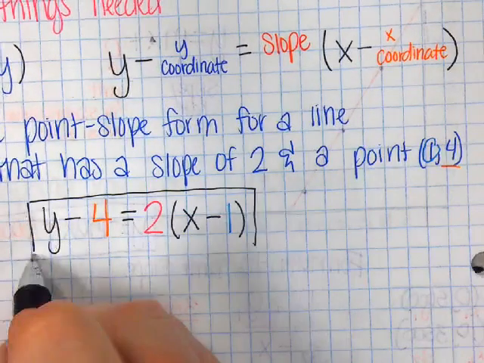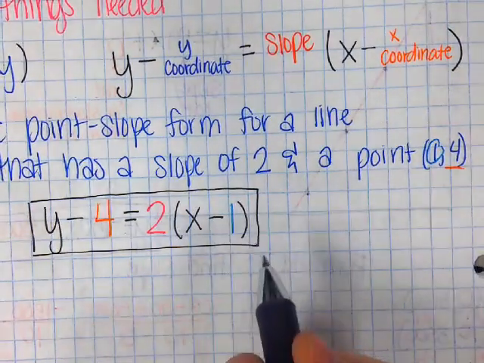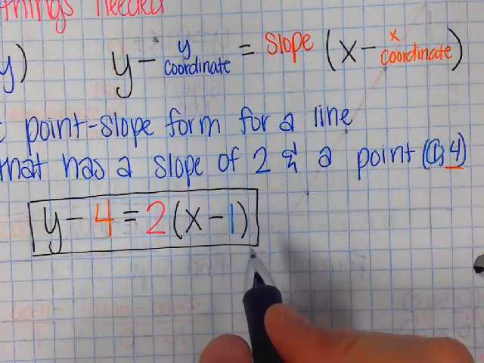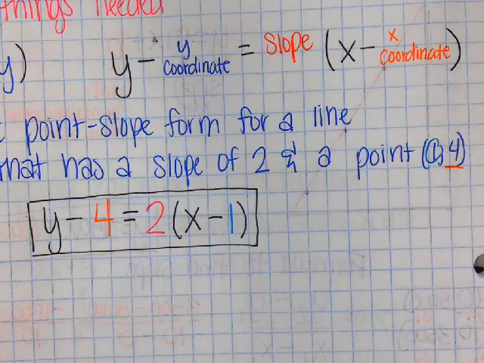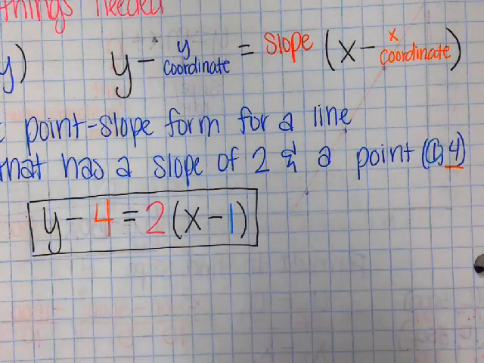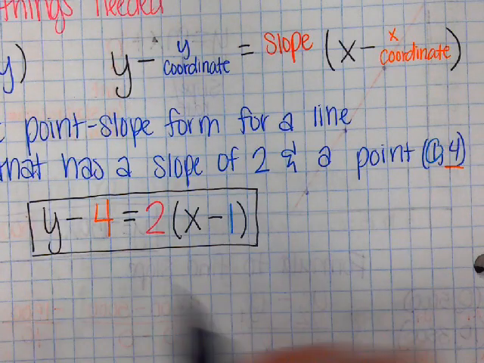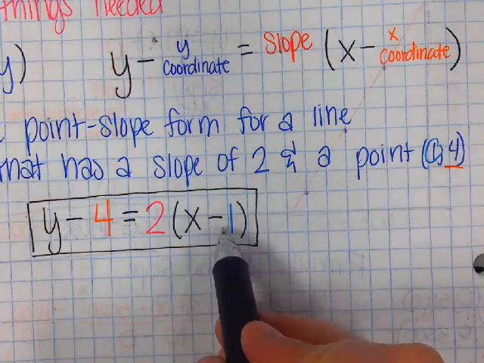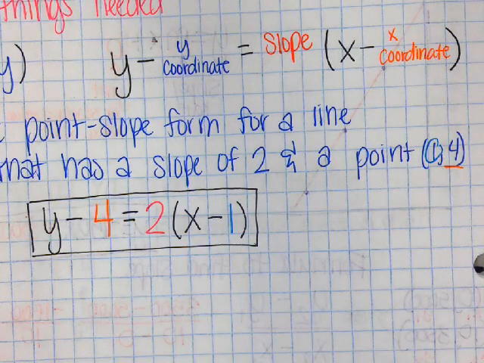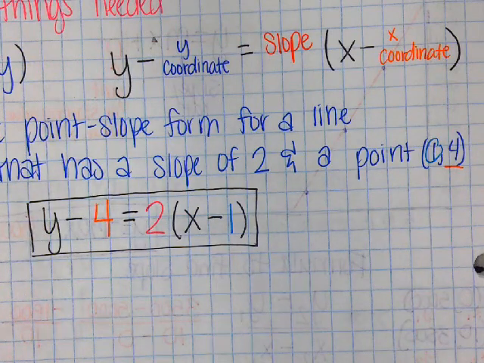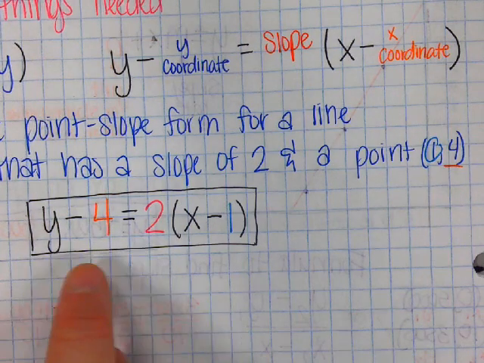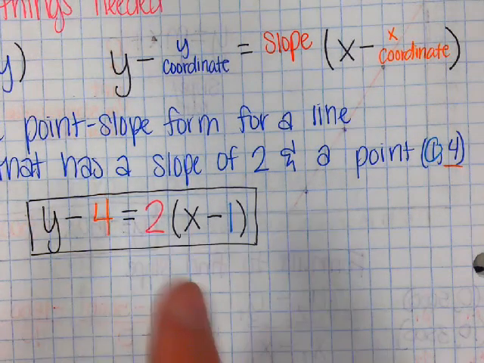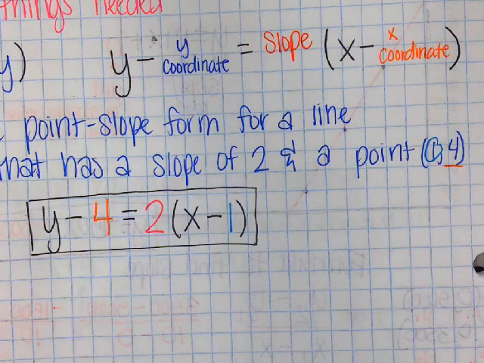Now the reason we do this is because if you can't see your y-intercept on your graph or on the information that they gave you, this is what you can use to find it. What you're going to do is actually multiply this out and end up just solving for y.